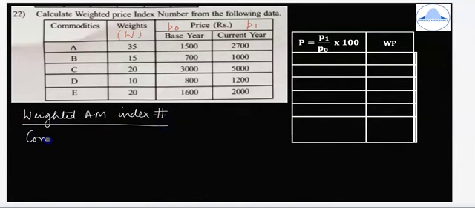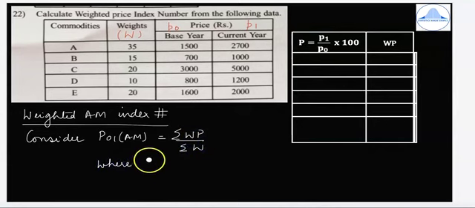So the formula is, consider P01 of AM is equal to summation WP divided by summation W, where you should write the formula for capital P. Capital P is the price relative, which is P1 by P0 into 100. So it's important that you write these two formulae. Next, you form two columns, that is P equal to P1 by P0 into 100.